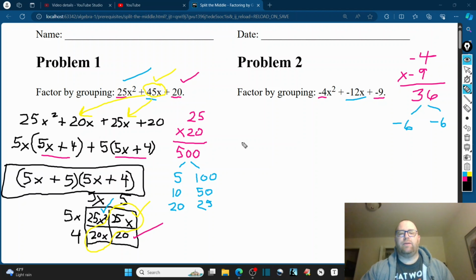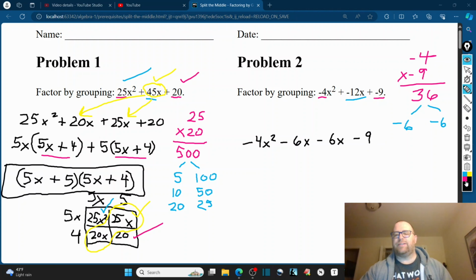I can now split the middle and rewrite this as -4x squared minus 6x minus 6x. And instead of plus -9, I'm just going to write -9 here. It's the same thing.